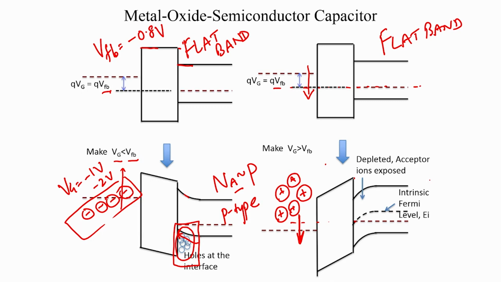This positive charge in the gate is balanced by two mechanisms. The first is that the semiconductor starts getting depleted near the semiconductor insulator interface. So, that is the first reaction. So, what does depletion do? It exposes all the fixed negatively charged acceptor ions. So, this is a p doped semiconductor, it has negatively charged acceptor ions which have given up holes to the semiconductor, and these negatively charged acceptor ions, or the space charge, start getting exposed. So, this region is depleted.